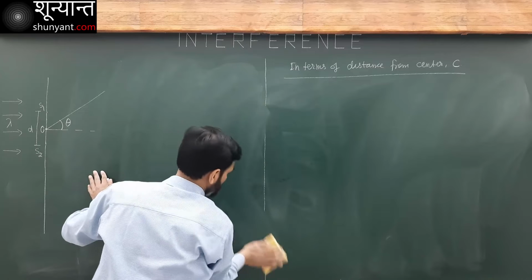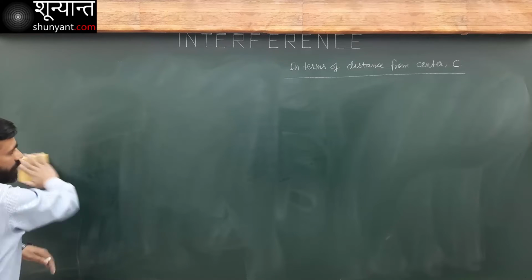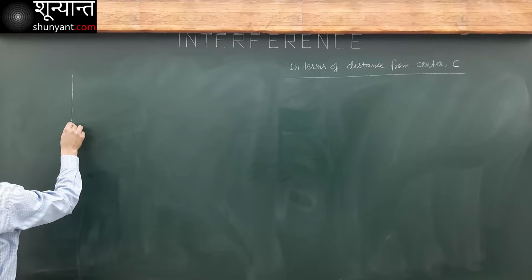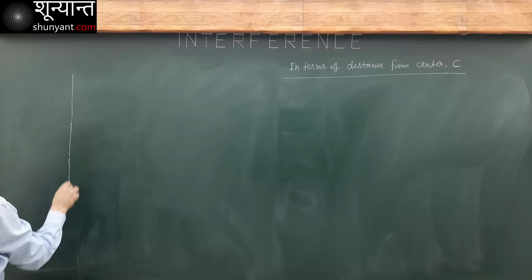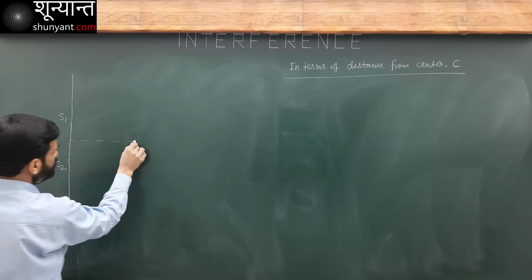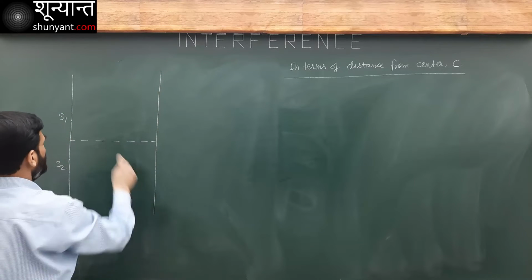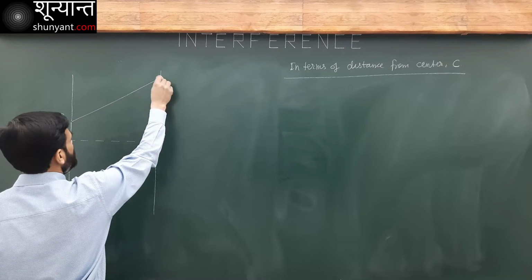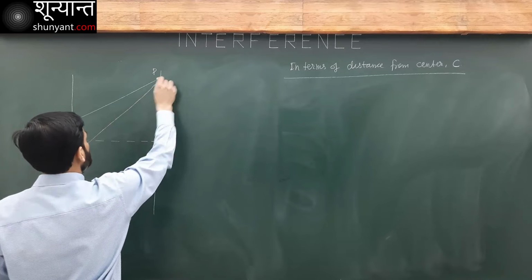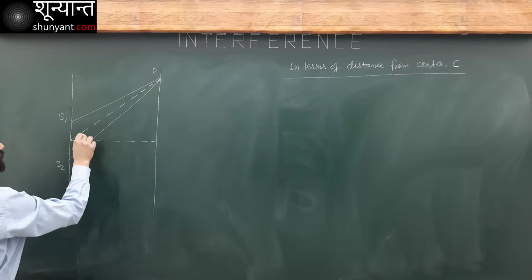Okay, let's do this again in a fresh new figure. It's not difficult to draw it again, very simple. S1 and S2. Okay, so this is a general point P. This is the angular position theta.